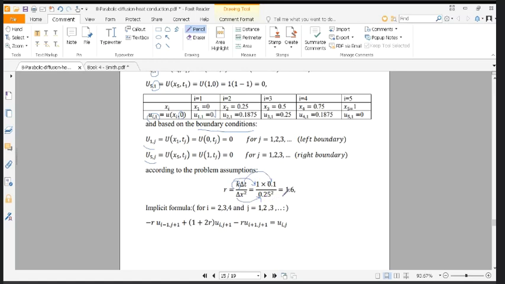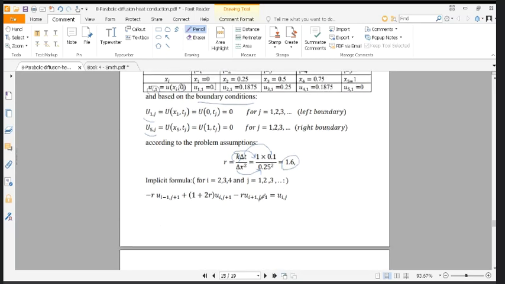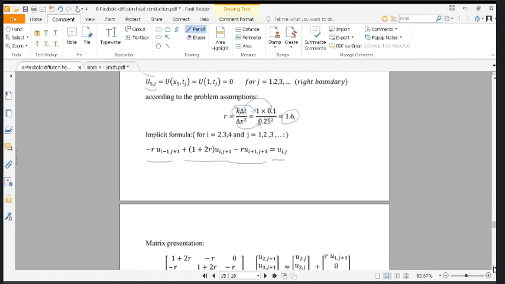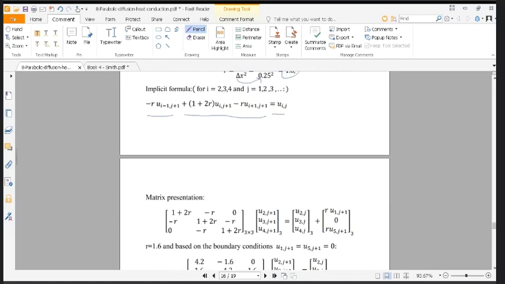And the result is 1.6 for r. For the implicit formula, we have minus r u I minus 1 j plus 1, plus 1 plus 2r u I j plus 1, minus r u I plus 1 j plus 1 equal to u I j. And we have this matrix presentation. Please attention.